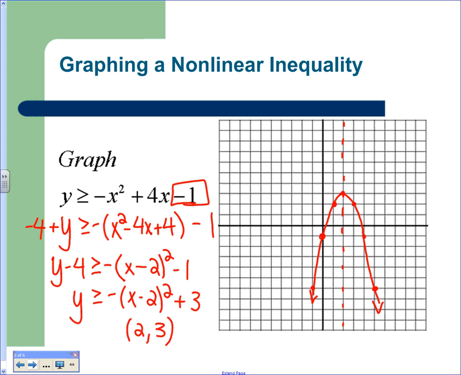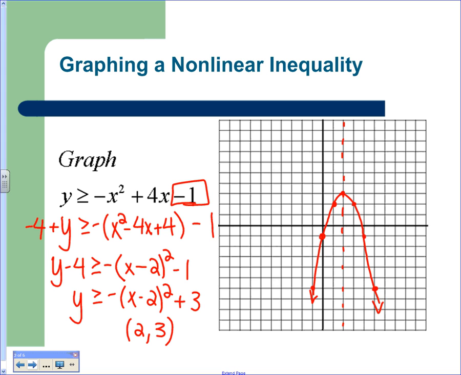All right, so now we're back to the inequality part, now that we have it graphed. Y is greater than the parabola. What numbers are greater than the parabola? Everything above.